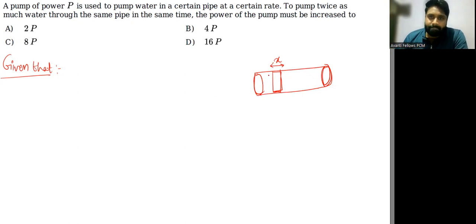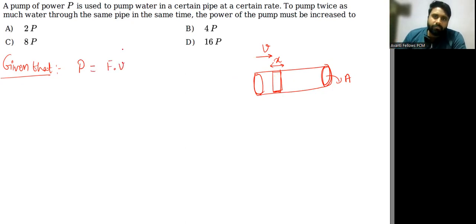So here, let the area of this pipe be A, and the pump will deliver the water with a velocity V. We know that power is nothing but force into velocity.